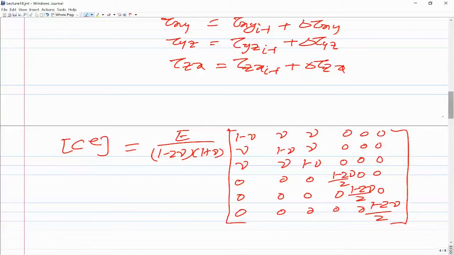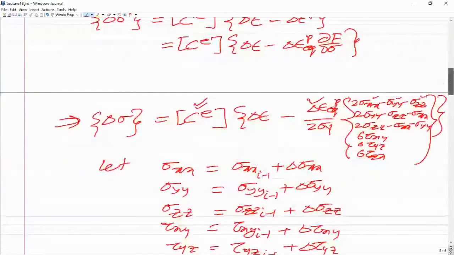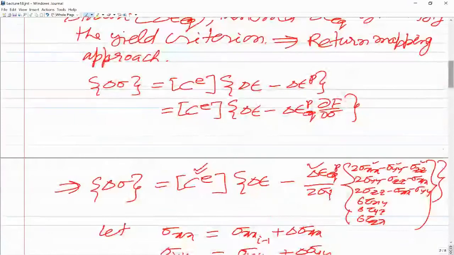When you write this relationship, whether it is isotropic hardening or kinematic hardening, it is always the elastic constitutive matrix times the elastic part of the strain, that is, the total strain increment minus the plastic strain increment. So this is valid irrespective of whether it is isotropic hardening or kinematic hardening.